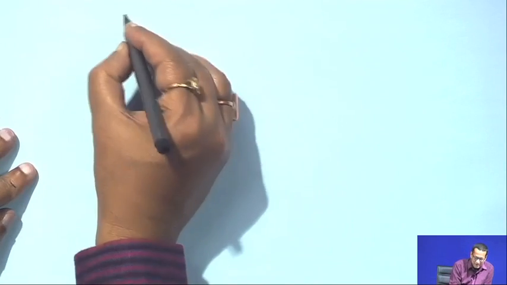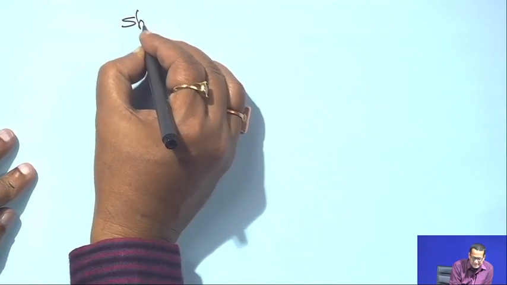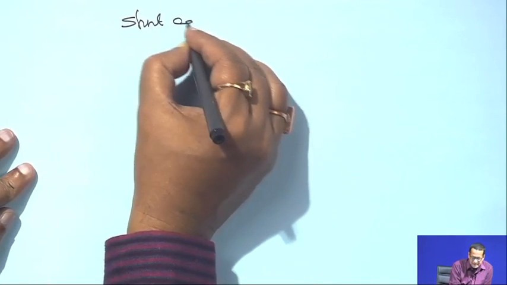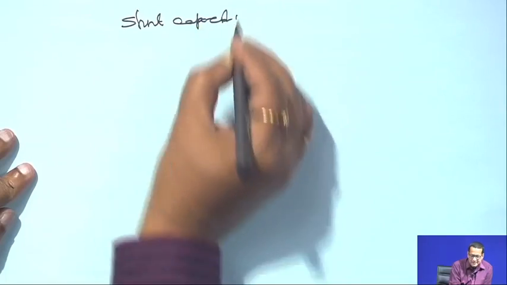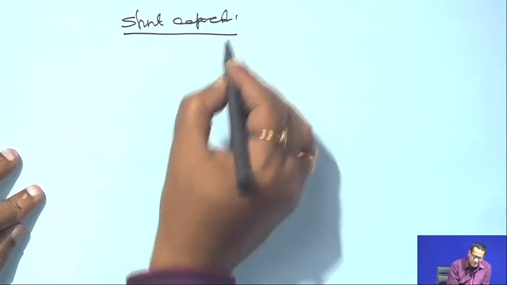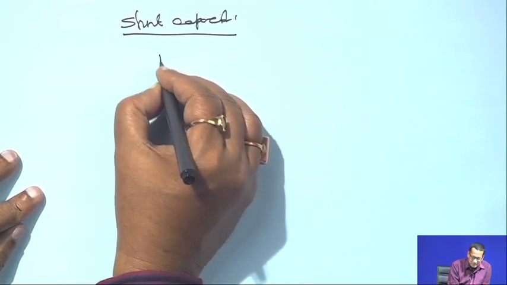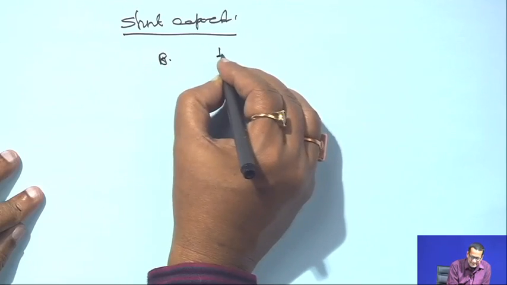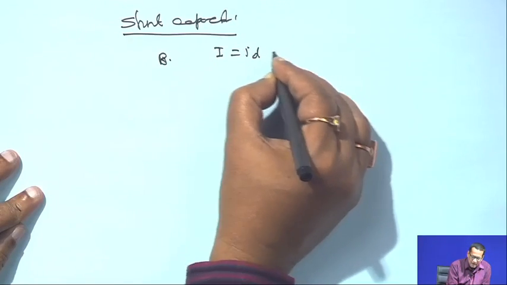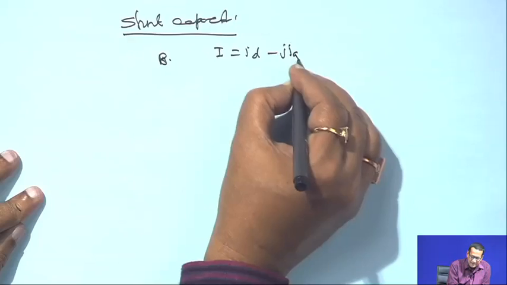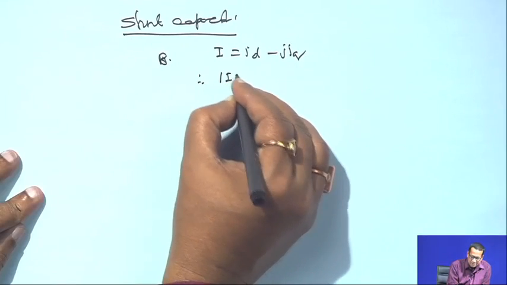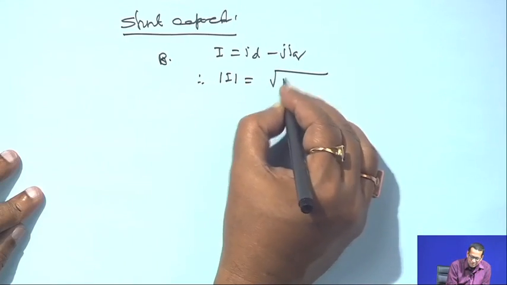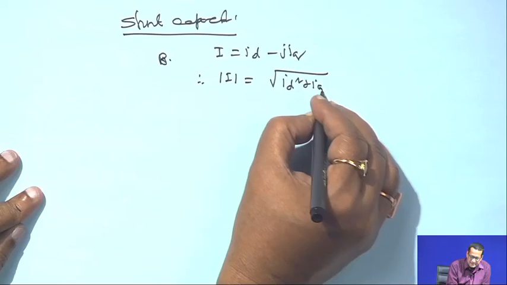And for the shunt capacitor, what did we get? Without anything, if the current is I equal to I d minus j I q, then its magnitude I is equal to root over I d square plus I q square.